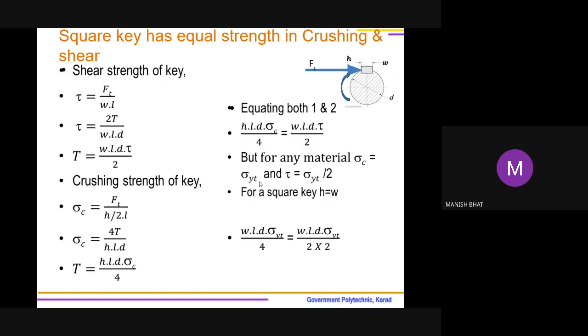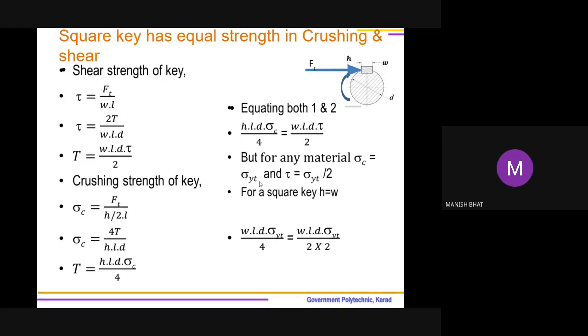Sigma c is equal to sigma yt, and tau is equal to half of sigma yt. And when key is square, its height is equal to width. So you will get that both sides are same, indicating that crushing strength is equal to shear strength of a square key.